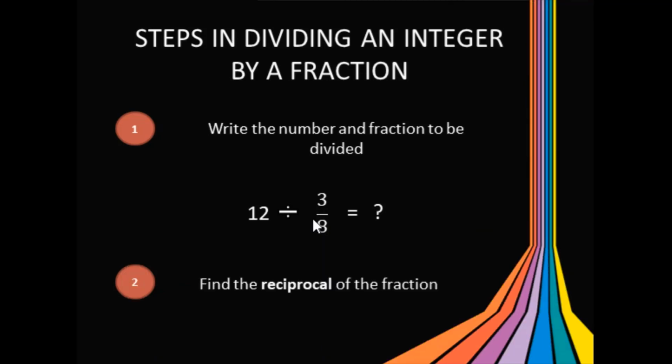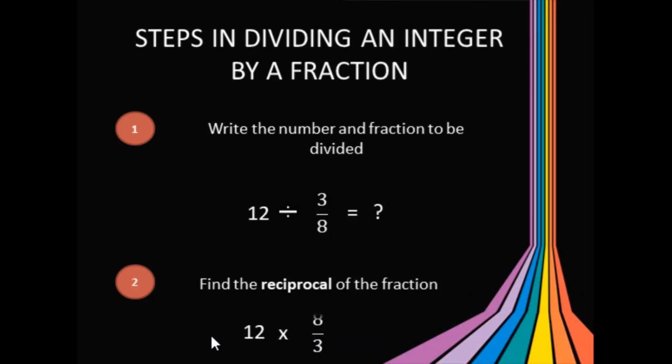Find the reciprocal of the fraction. When you say reciprocal, you interchange 3/8 to 8 over 3. 3 will be the denominator and 8 will be the numerator. So it's like this. 12 times 8 over 3. It's upside down.